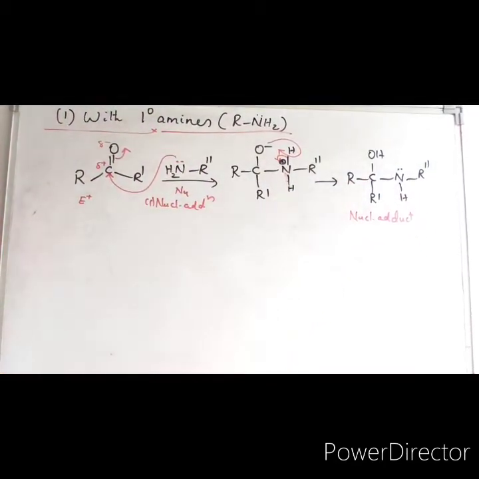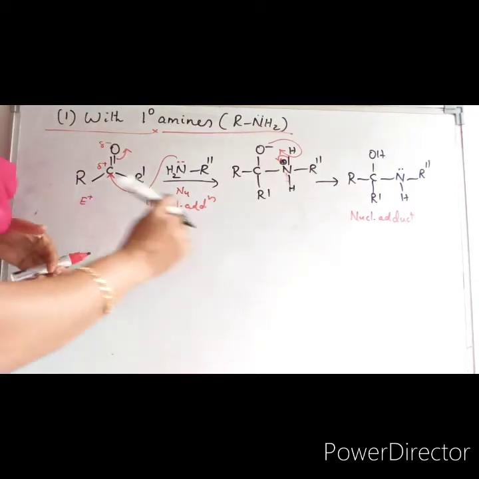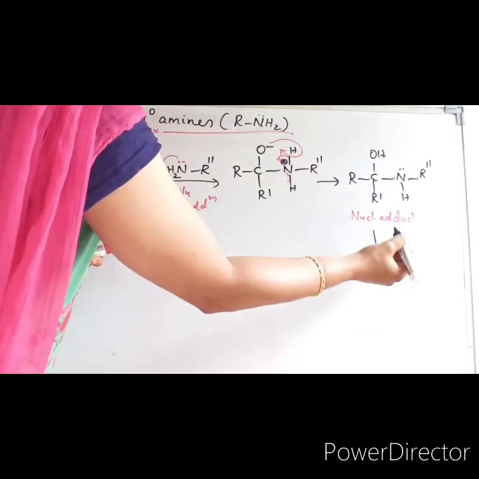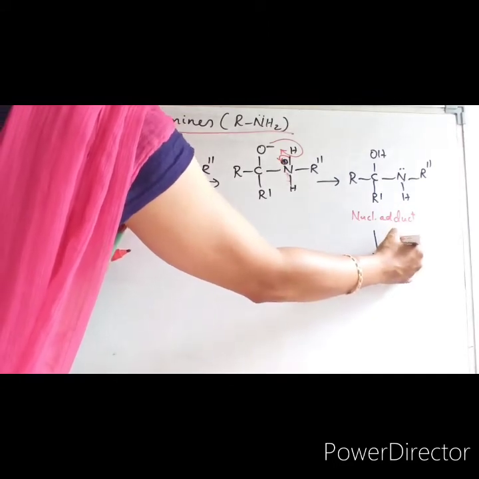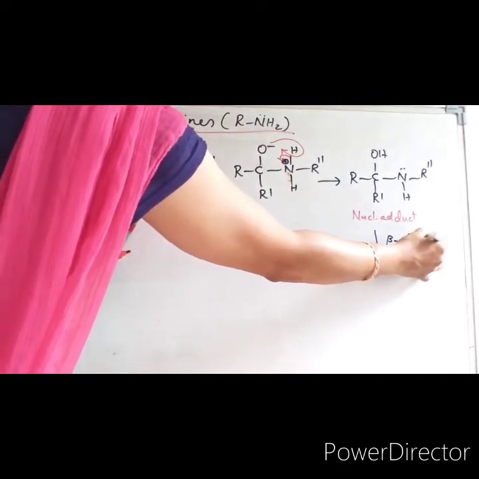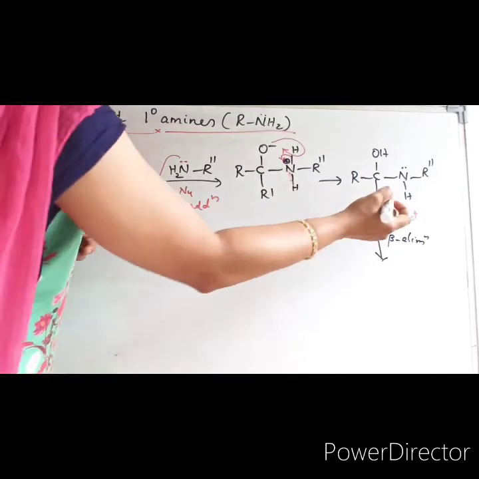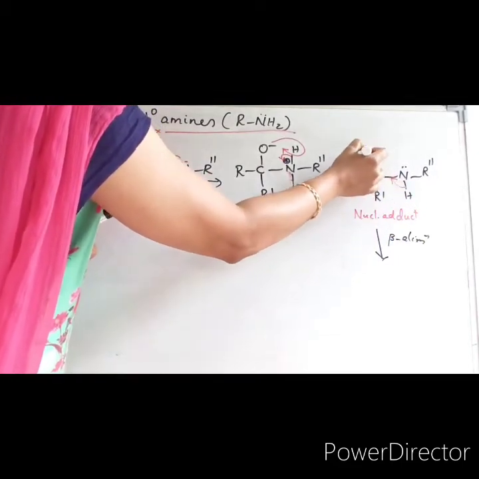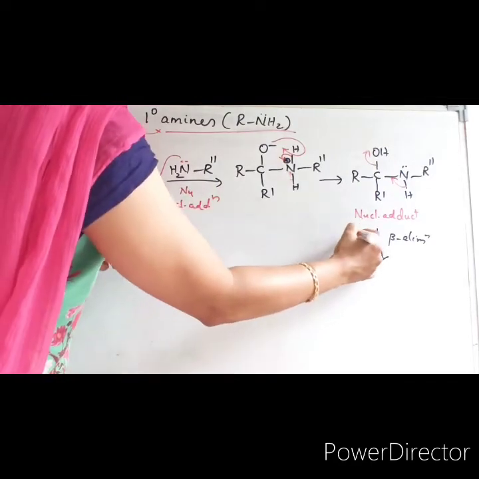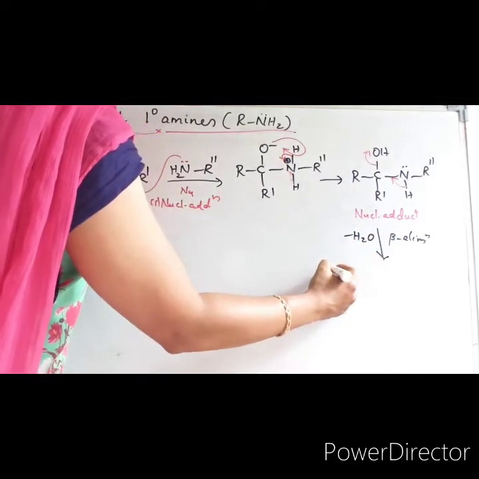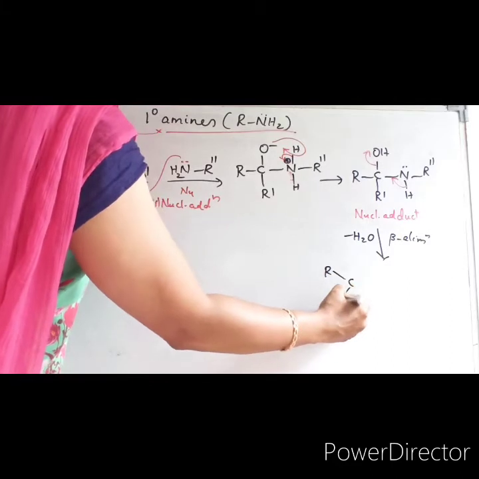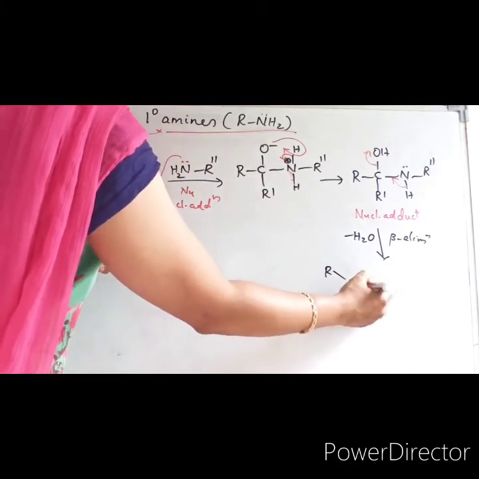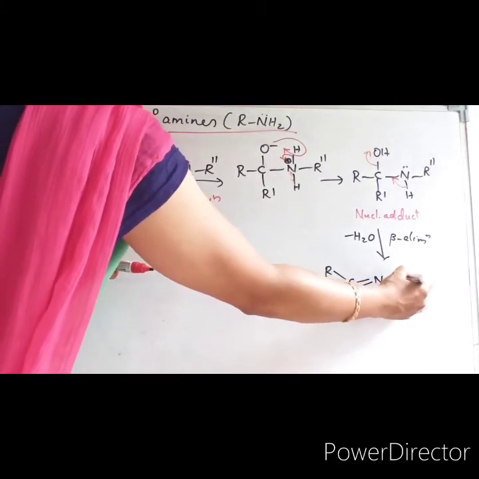Now as I said earlier, the second step is the elimination. Let us see how this elimination happens. This is basically a beta elimination, or 1,2 elimination. It happens in this manner, minus H2O. So what would be the product? R, C, R', with a double bond, and R''.